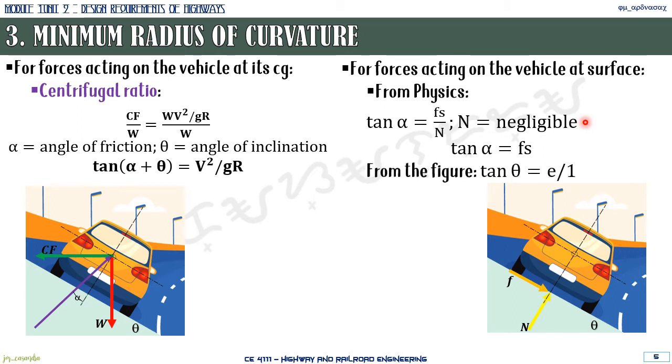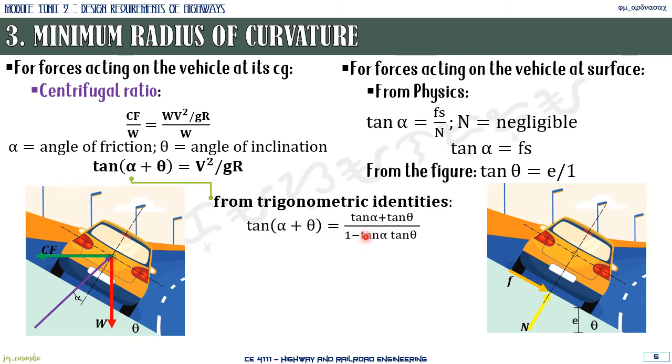So from the figure, we can take that the tangent of theta is equal to E divided by unit 1. Considering now the equation from the centrifugal ratio, tangent of alpha plus theta: from trigonometric identities, the tangent of the sum of two angles is tangent alpha plus tangent theta all over 1 minus tangent alpha tangent theta.